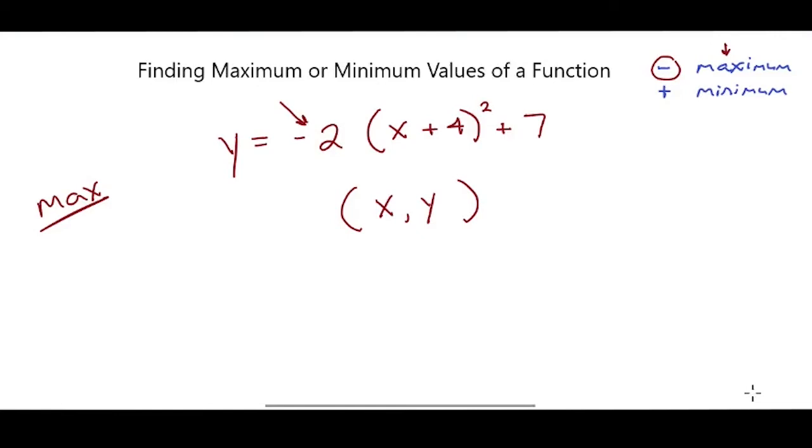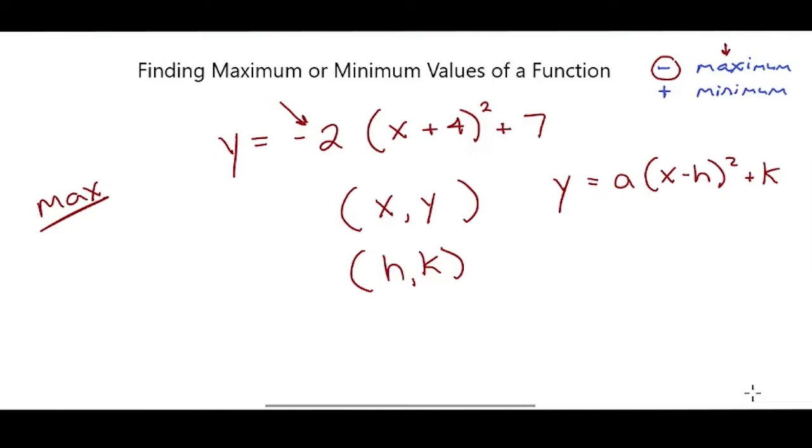If you know anything about vertex form, you'll know that the vertex is at (h, k), and vertex form is y equals a times x minus h squared plus k. So that's my algebraic model.